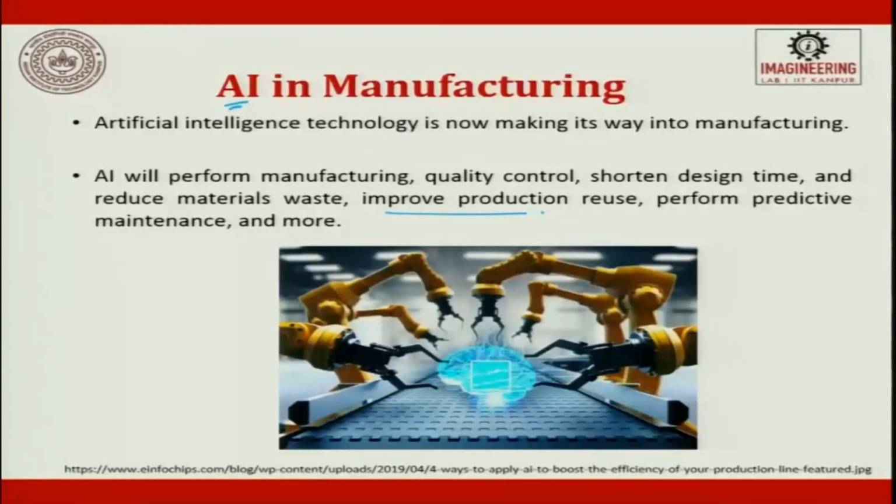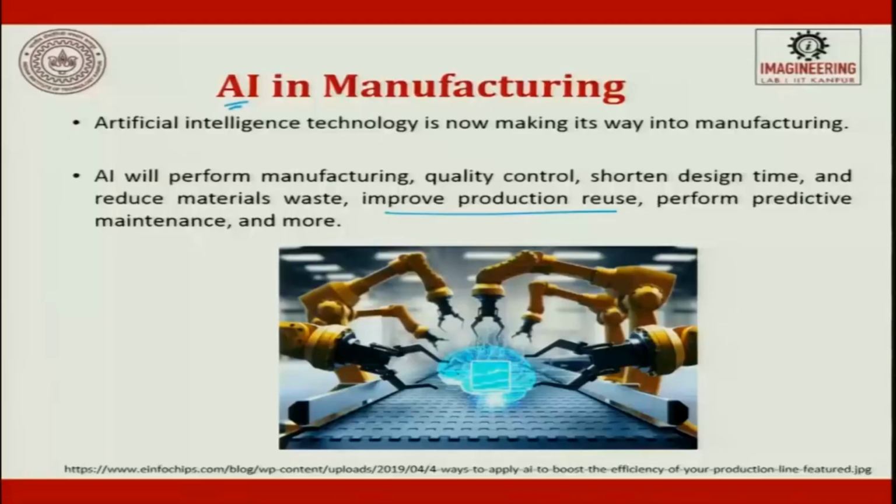All these things are today told by artificial intelligence. So, if it could be done for a kitchen, it can also be done for manufacturing. So, that is what it is, improving production reuse. Whatever you have done, suppose it is not consumed in this particular product, what should be salvaged such that the same thing can be used in the next product? That is what it is. And when we talk about material waste, how are we going to process it?